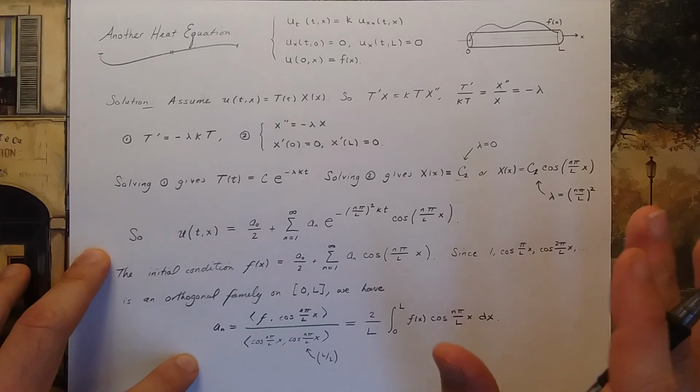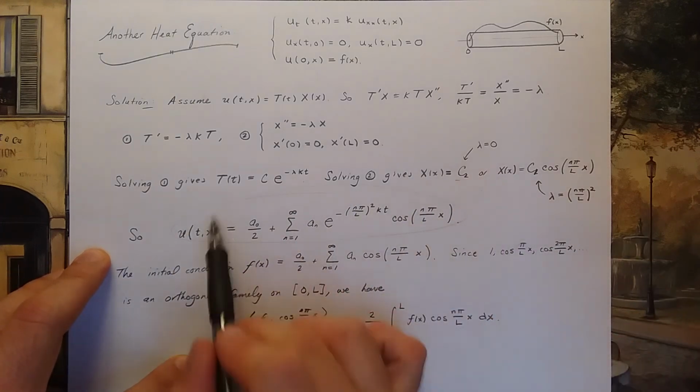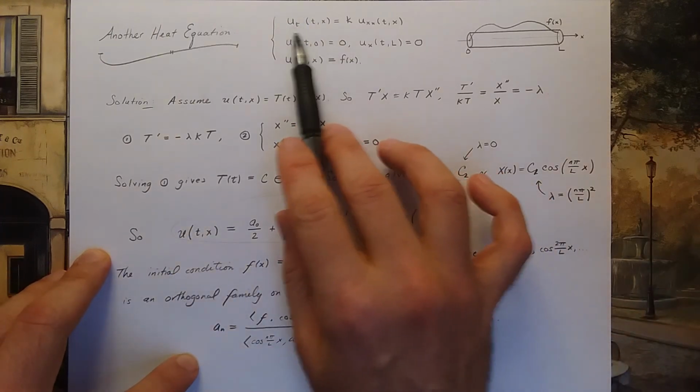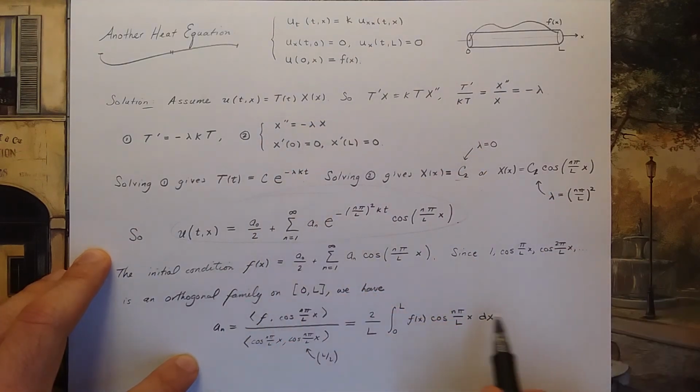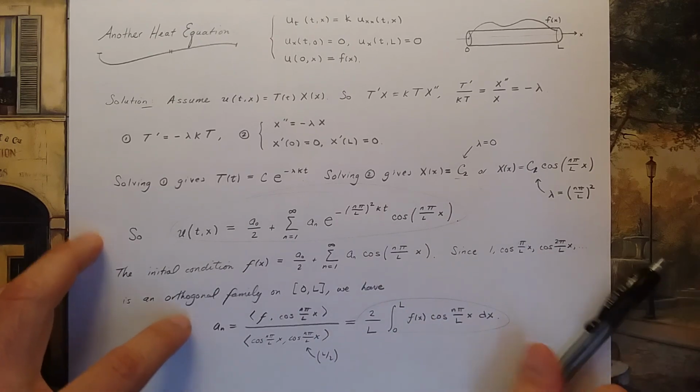So I have my final answer now. This is the general form of the solution to this system, where the coefficients are given by this integral equation here. All right, excellent.